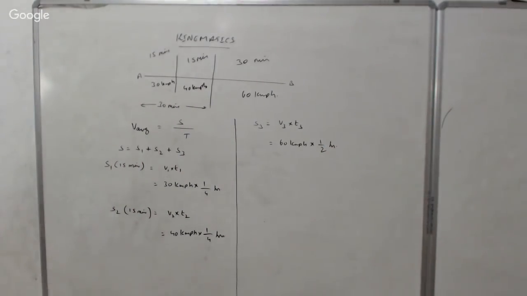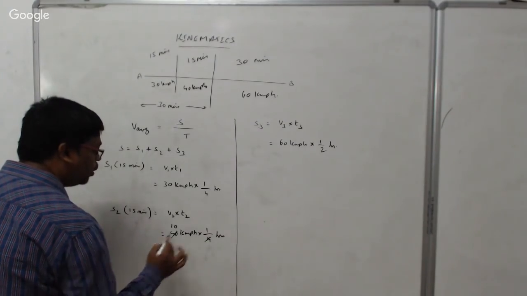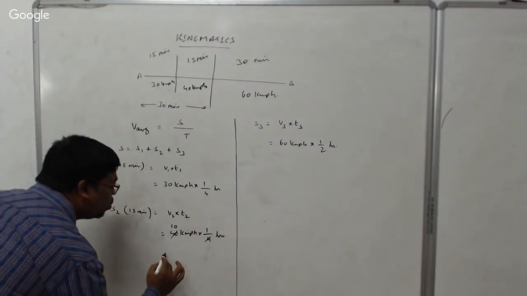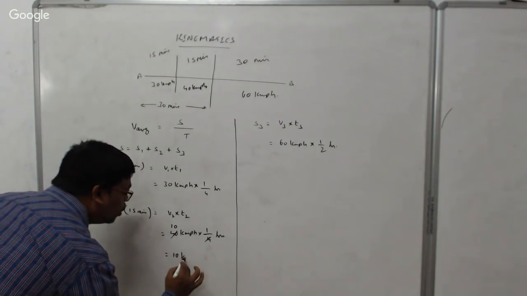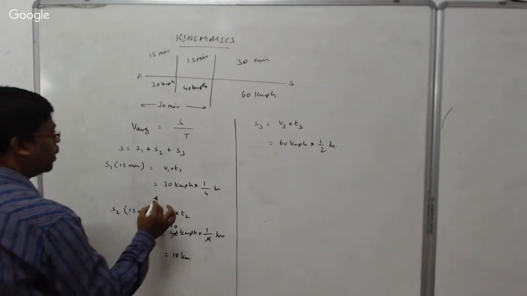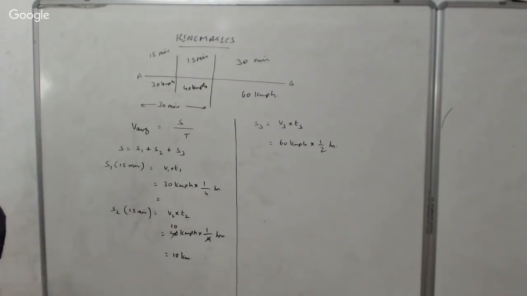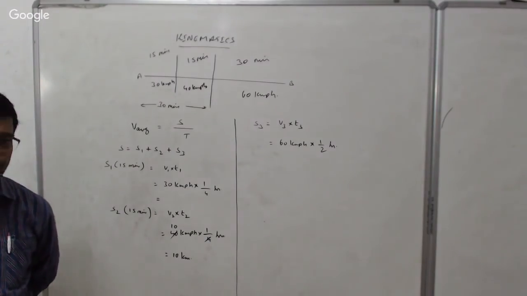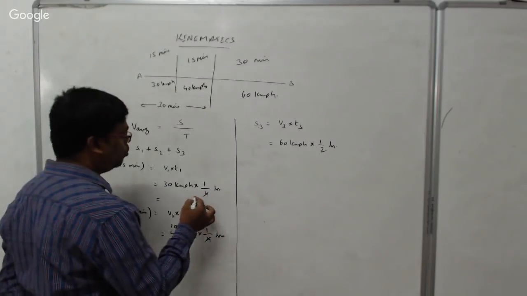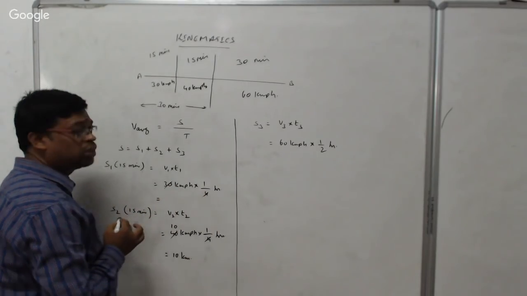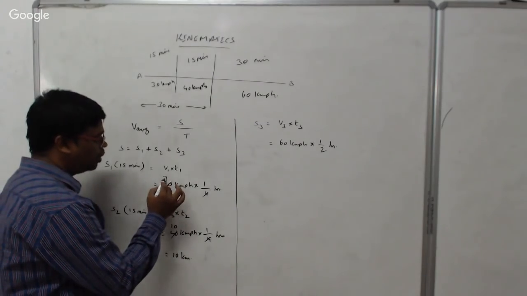Shall we solve here? 1 by 4 into 30, distance is equal to 10 kilometers here, and the distance is equal to 4 into 30. 4 6s are 24. 4 7s are 28.